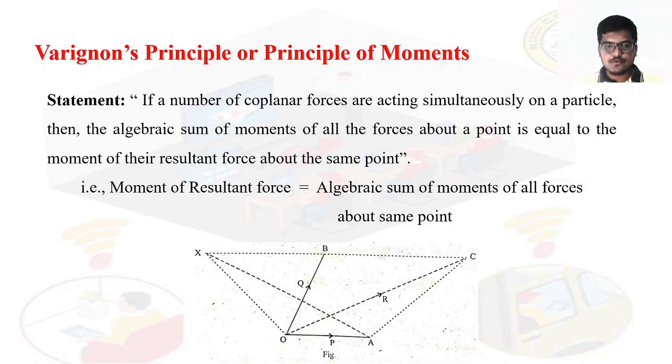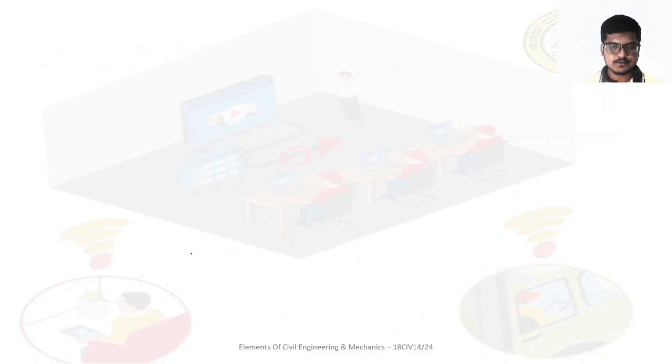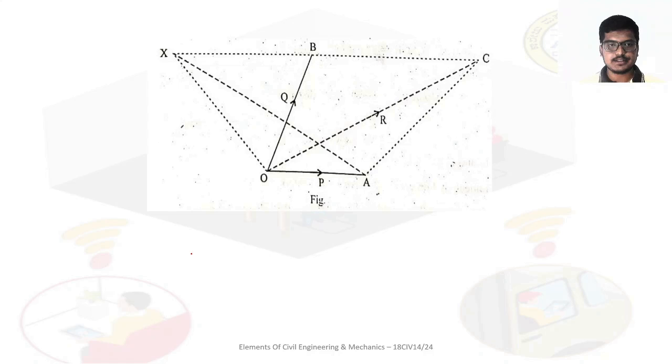The forces OA and OB will have a resultant R, and OC is the diagonal of this parallelogram. Now X is the point. I'll show you in the next slide.